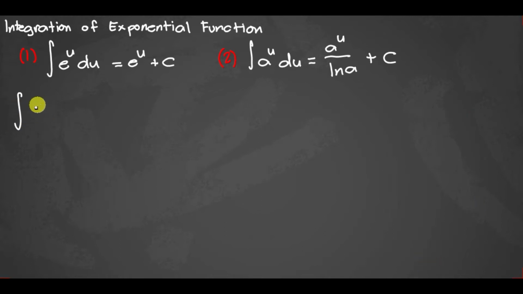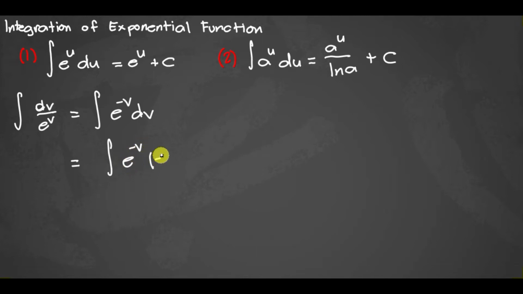We have here another example where we are to evaluate the integral of dv over e raised to v. Now you can pause this video and answer the question. We can rewrite this into e raised to negative v multiplied by dv. Applying the derivative of our function here, we can also rewrite this as e raised to negative v times negative dv, where the derivative of negative v is negative dv.